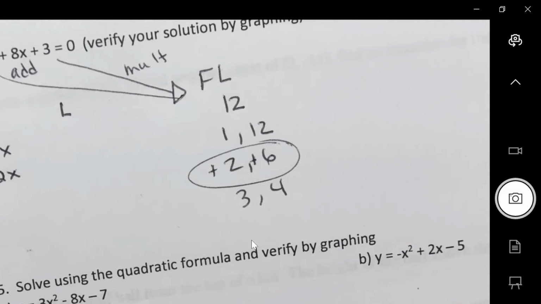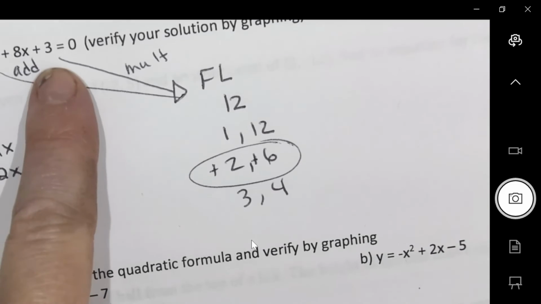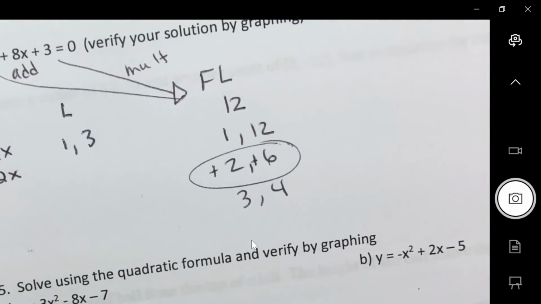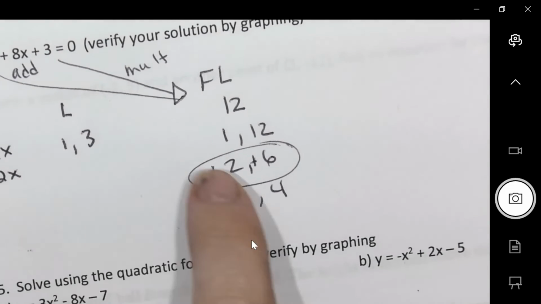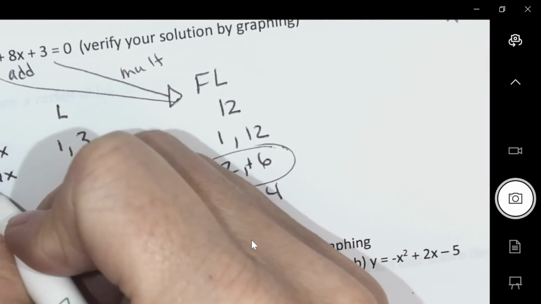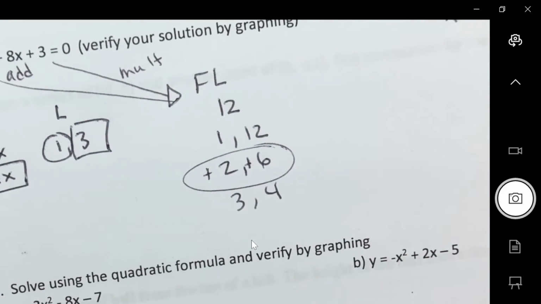Those are the options to make a 4x squared. What are the options to make the last? 1 times 3. That's the only thing you can do. So now I'm going to look at the puzzle here and group something to make a 2 and something to make a 6. So 2 and 6.